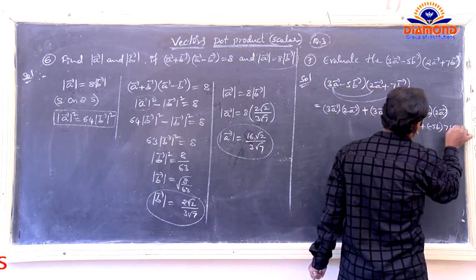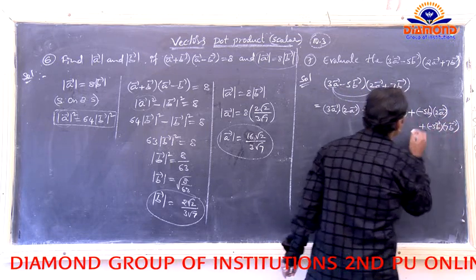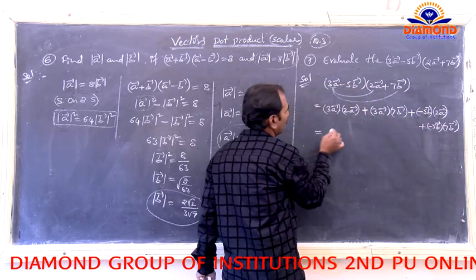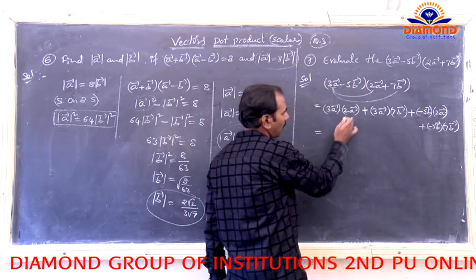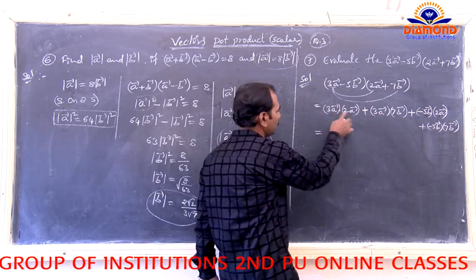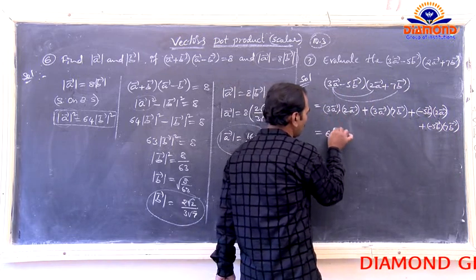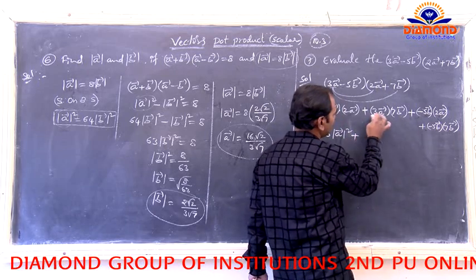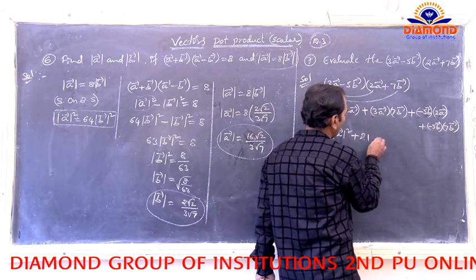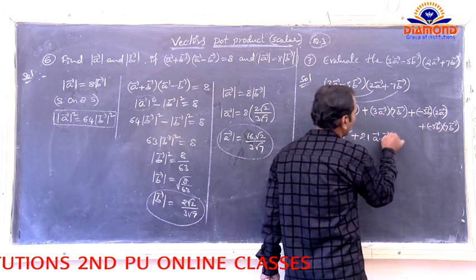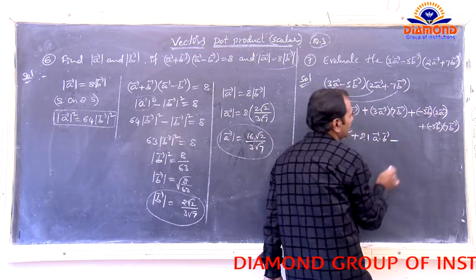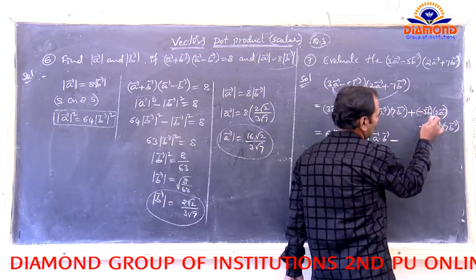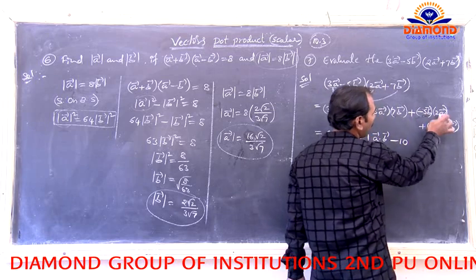See here, A bar dot A bar is modulus of A square, you know. So there is 6 modulus of A square plus 21 A bar dot B bar minus 10 B bar dot A bar.